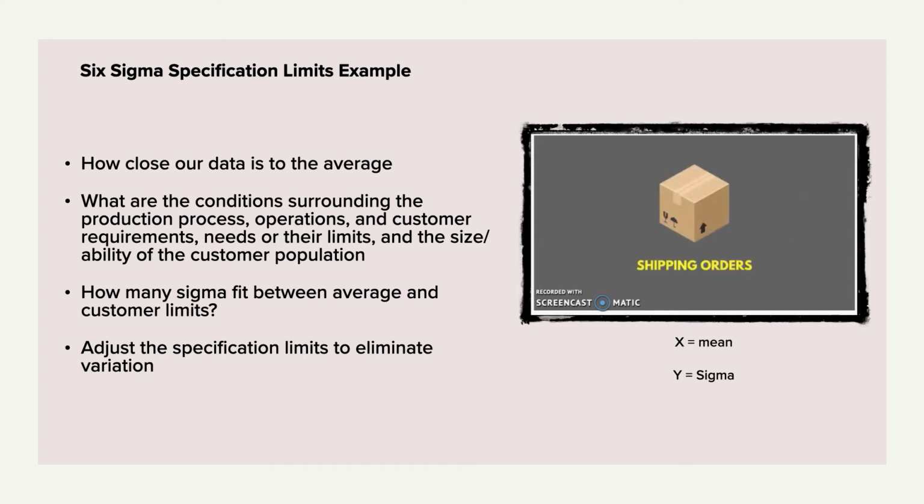Again, these limits correspond to customer requirements. Now here is a simple shipping orders example. Let's say our average is 3 days delivery at 4.5 sigma, but our customer, the shipping line, requires 9 days at 6 sigma to deliver an order. So we will move up to 9 days to allow them to deliver the order, so we won't miss the opportunity and at the same time eliminate variation.